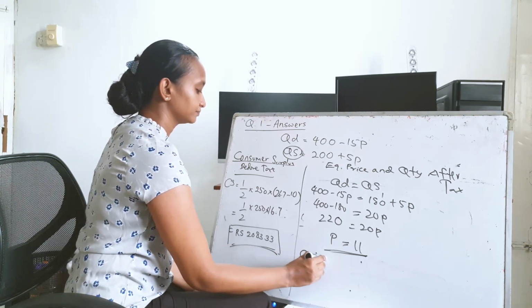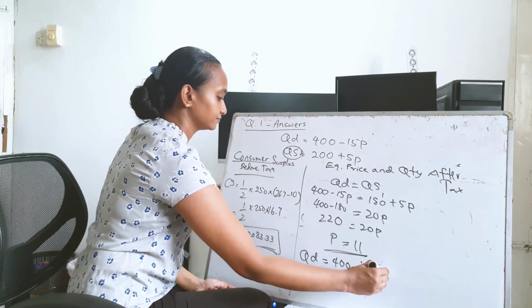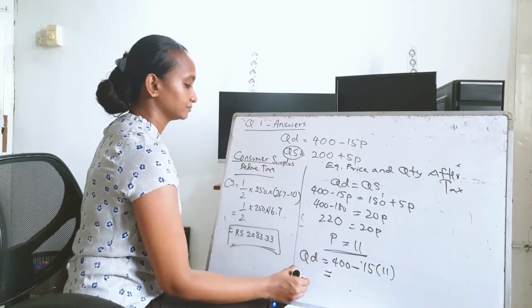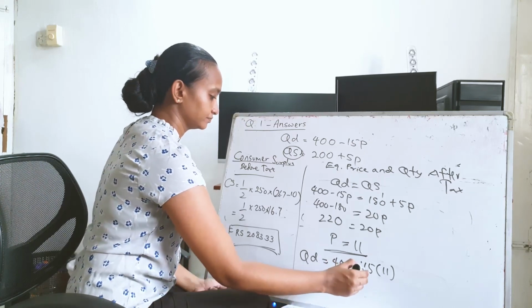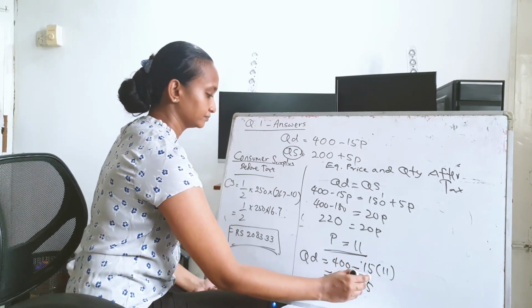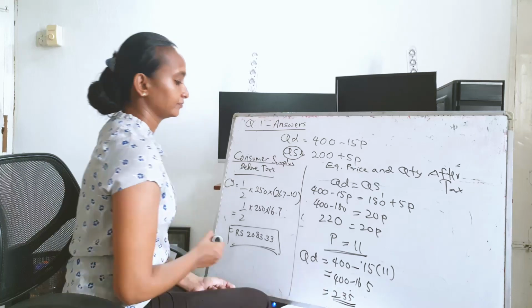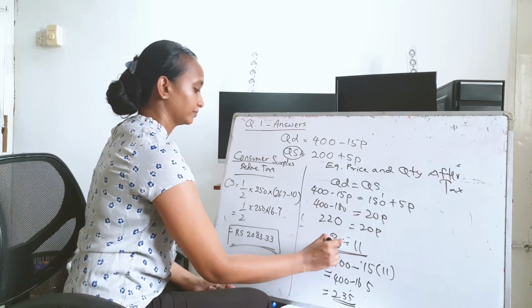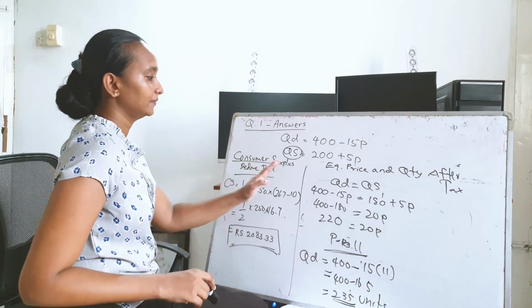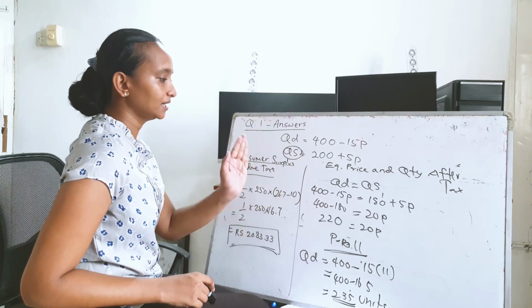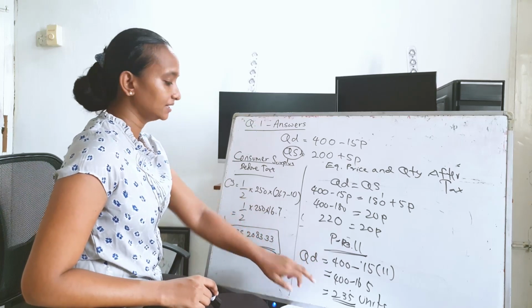Q: substitute it in the QD equation. Now the equilibrium price and quantity after tax are: price is 11 rupees, quantity is 235.